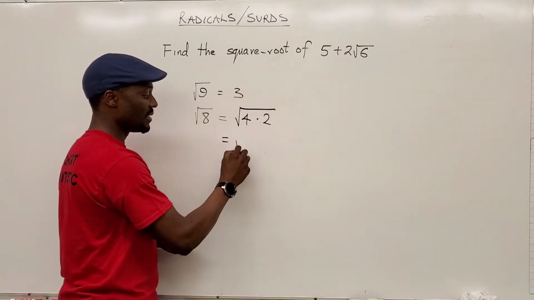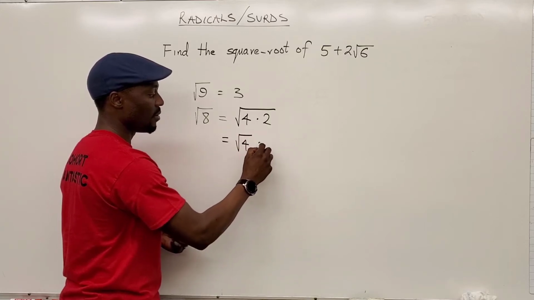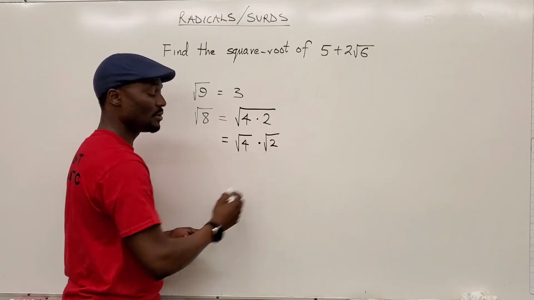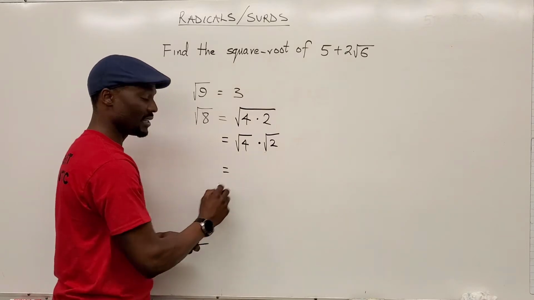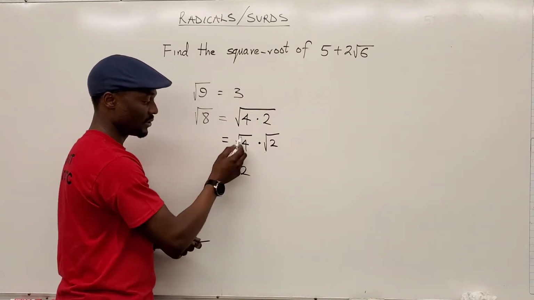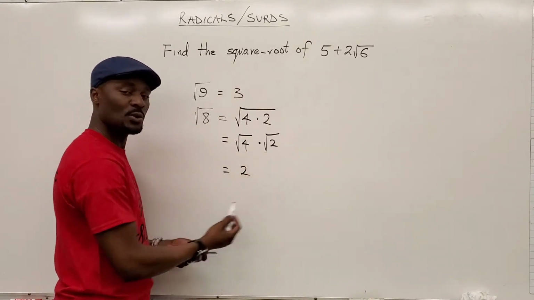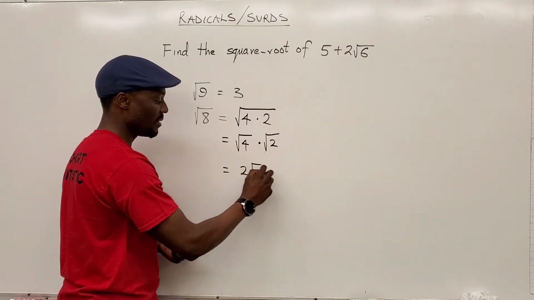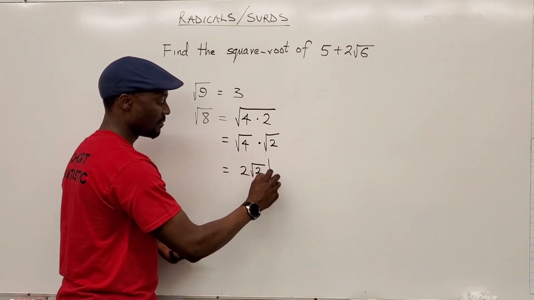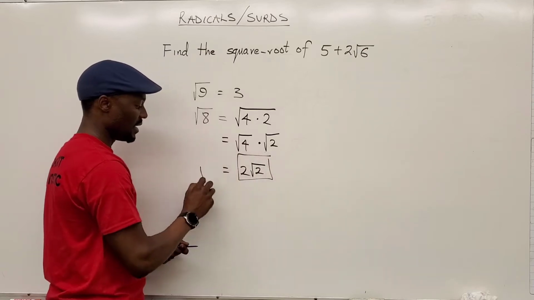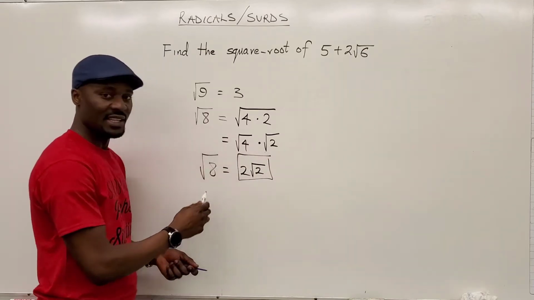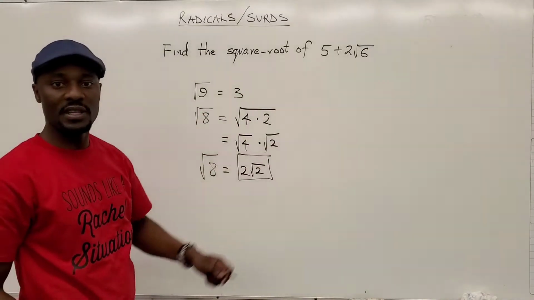And if you simplify this, this is the square root of 4 multiplied by the square root of 2. And that gives you 2, because the square root of 4 is 2, but you don't know the square root of 2, so you just write it that way. Now, this is a key we will need in solving this.